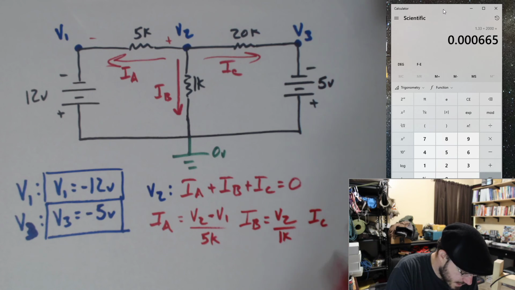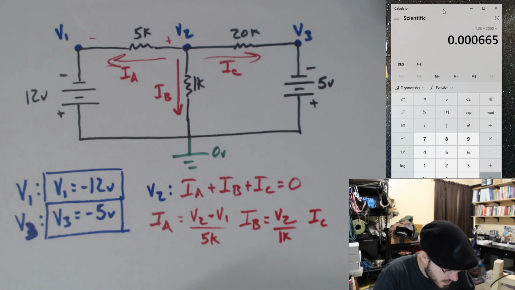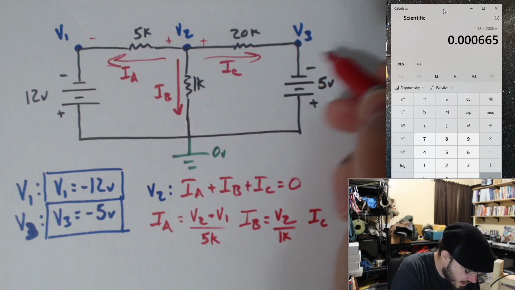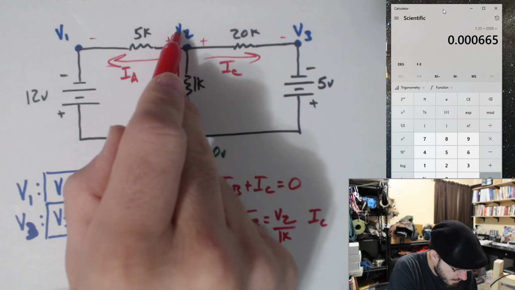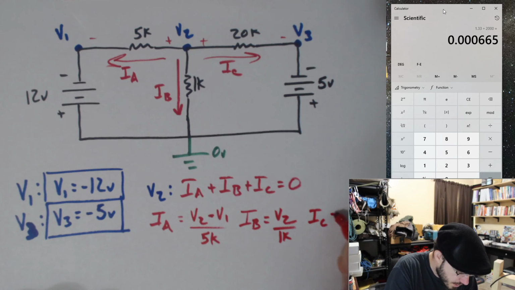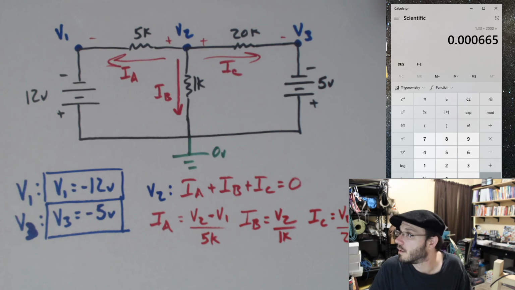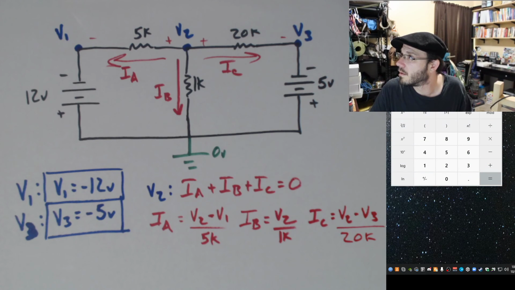And IC, well, again, I have two voltages, so let me use my polarities to help me out here. Plus, minus, plus V2 minus V3, all divided by 20K. Oh, I will move myself out of the way on that one.